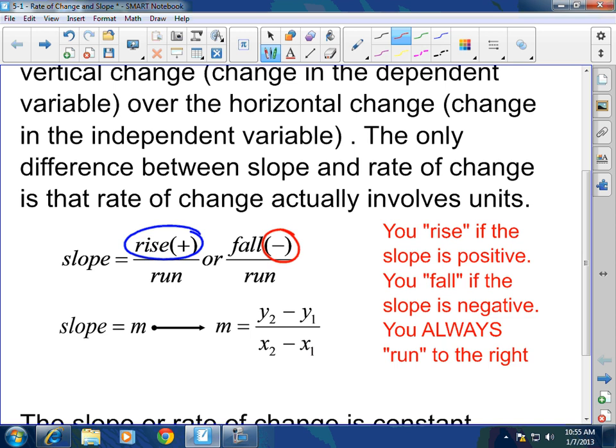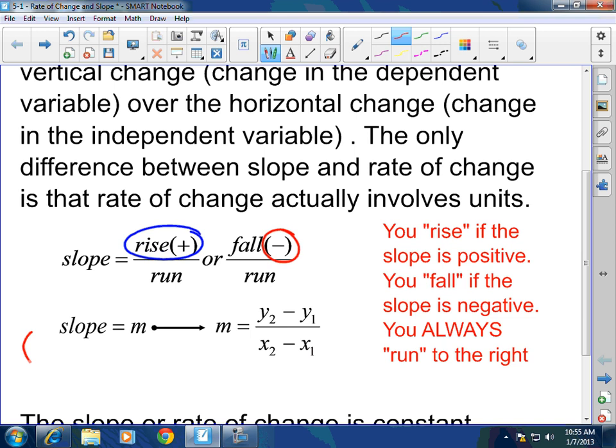Okay, now, slope is represented by a lowercase m, as in Mary. And this m, which is the slope, equals the value of the second y minus the first y divided by the value of the second x minus the first x. It's going to be y2 minus y1 over x2 minus x1. Now, where is this coming from?